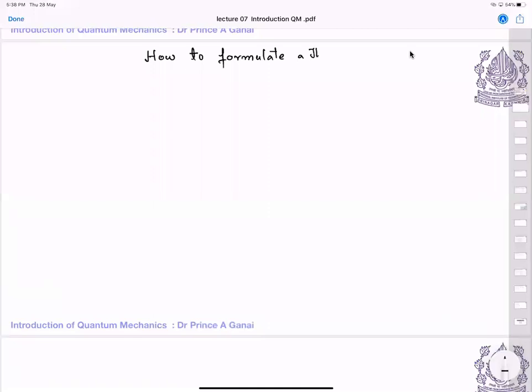So this is a very interesting question. In physics, how do you formulate a theory? What are the things that you need to formulate a theory? So we ask a very simple question: what are the basic ingredients that go into formulating a theory?